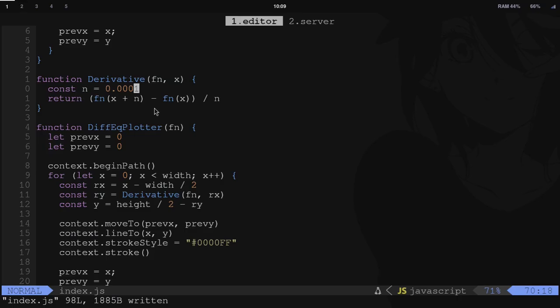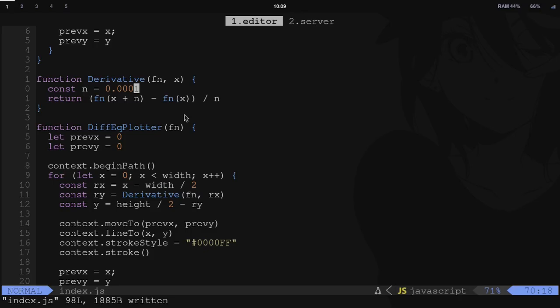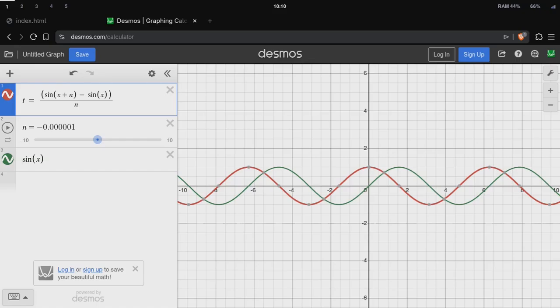This plus this minus sine of x divided by n. So I have a bracket that is correct. Let's have a bigger bracket right here.